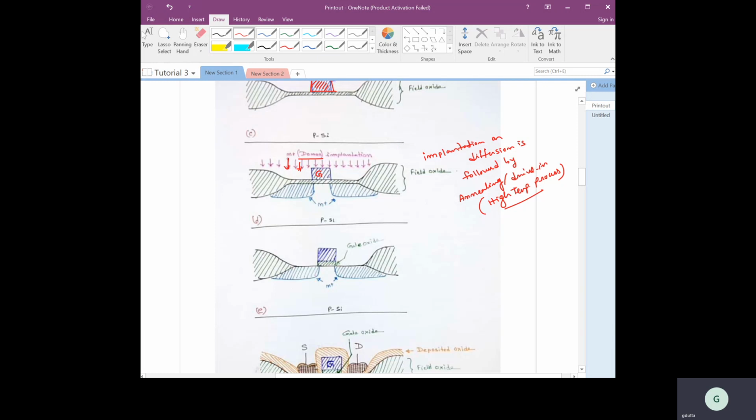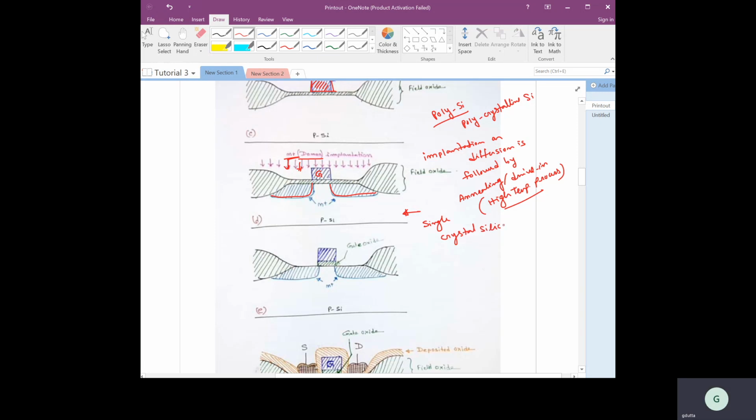So you understand when we implant these donor impurities, it will form this N plus region here and N plus region here, right? But at the same time, this is polysilicon. Polysilicon is nothing but silicon, right? But it is polycrystalline silicon. When we say polysilicon, it basically means polycrystalline silicon. But here this silicon is actually single crystal silicon.